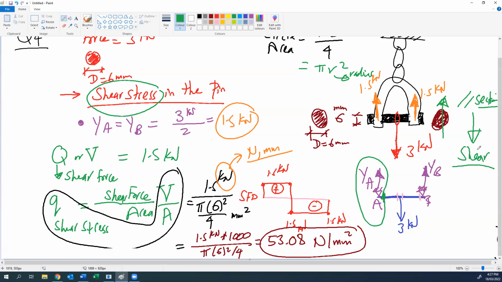And the shear stress will be the shear force divided by the area. The shear force is 1.5 kilonewton, the area is the area of a circle, pi D squared divided by 4, so the final result will be 53.08. Okay, do you have any questions for this example?